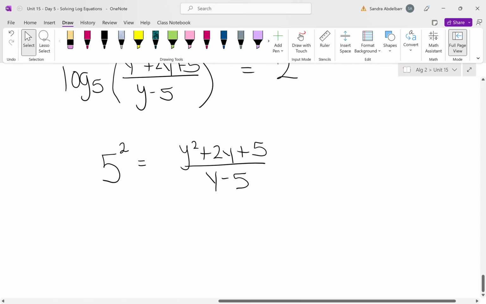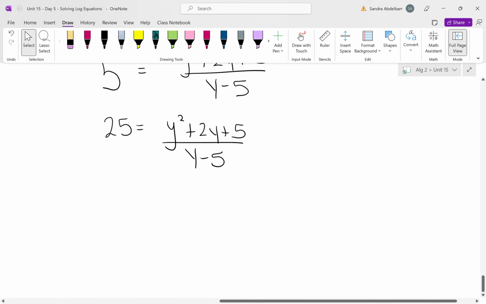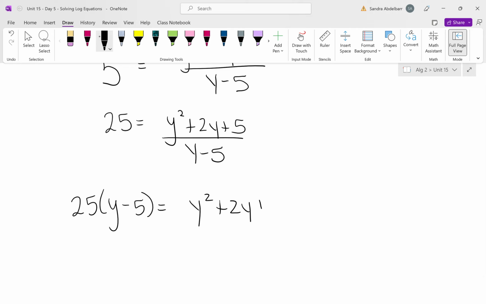So what do I do now? 5 squared is 25. So now I'm going to cross multiply this. So we're going to have 25 times the quantity of y minus 5 equals y squared plus 2y plus 5. So now I distribute: 25y minus 125 equals y squared plus 2y plus 5.